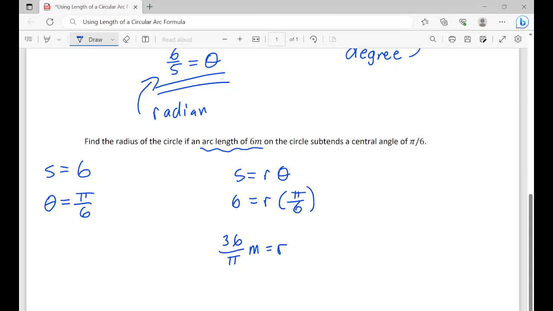But again, if you want an approximate answer, something you can actually look at and see a little bit clearer, even though this is the exact answer, the radius rounded to 2 decimals is 11.46 meters. So there's your exact and approximate distance for this one.